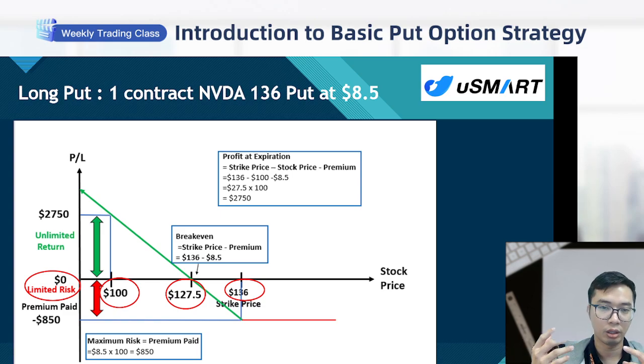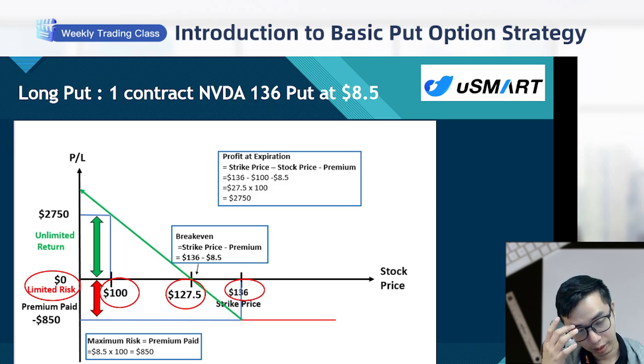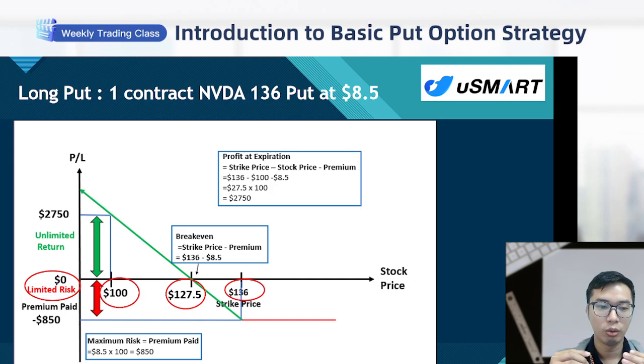So when NVIDIA drops to 100, our calculation will be 136 minus 100, then minus the premium we paid, which equals 37.5 times 100, which is 2750. So you can see that the return is unlimited.